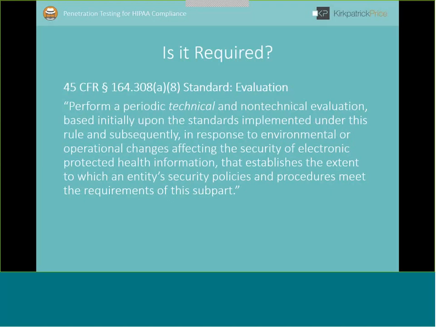So technical evaluation, we're talking about an information system, it is known to be penetration testing, vulnerability assessments, active testing against those systems to try and identify weaknesses and close those holes and protect your system. So while it doesn't specifically say penetration testing must be performed, that technical evaluation is generally thought to mean that active testing that would come from penetration testing.